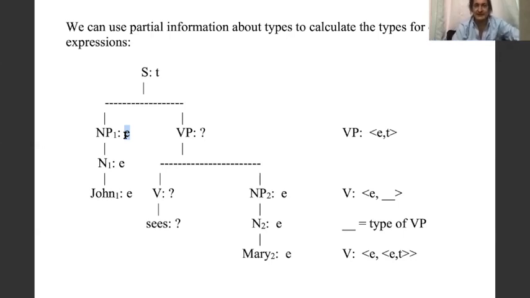So VP has to give us the function, and it has to be a function that takes this E type thing and gives back a T type thing. So we can tell that the verb phrase type is going to have to be this, ET, in order for this to be a well-formed sentence. Okay.